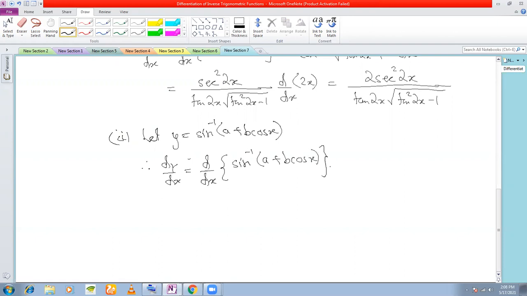First, to differentiate sin inverse, the derivative of sin inverse is 1 by root(1 minus x square). So this is 1 by root(1 minus (a plus b cos x) whole square) into the d/dx now of a plus b cos x.